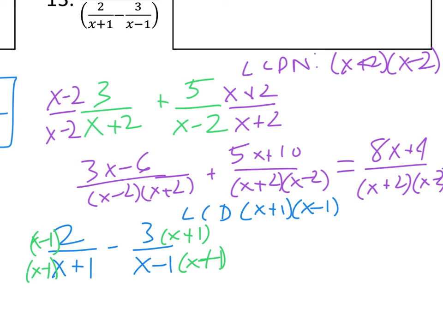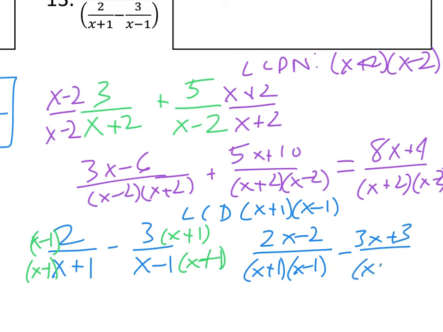Let's see, so in the numerator with the 2, we get a 2x minus 2 over the x plus 1, x minus 1, and then minus the 3x plus 3 over the x plus 1, x minus 1.